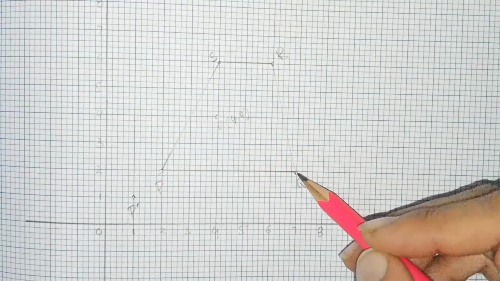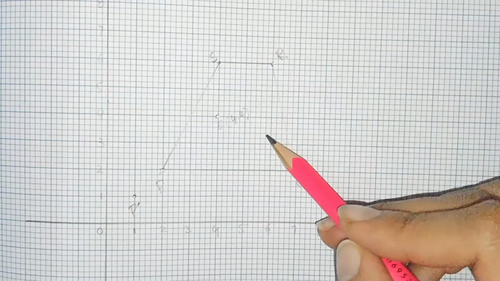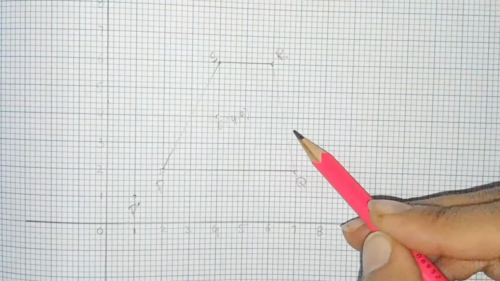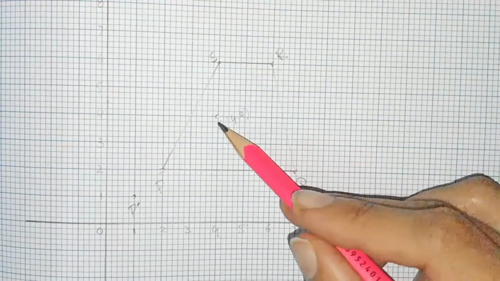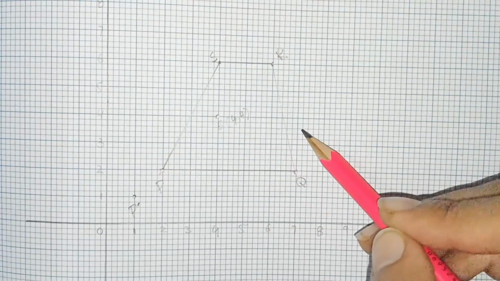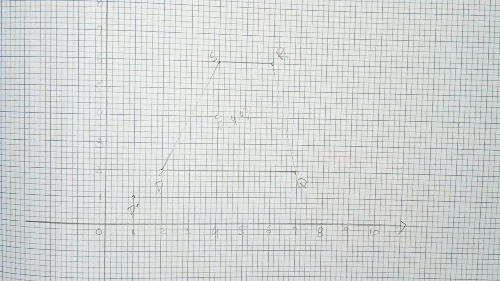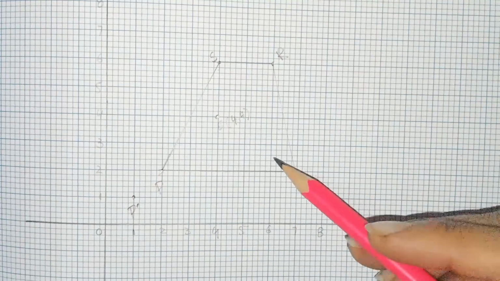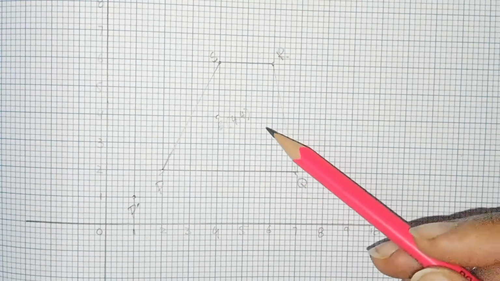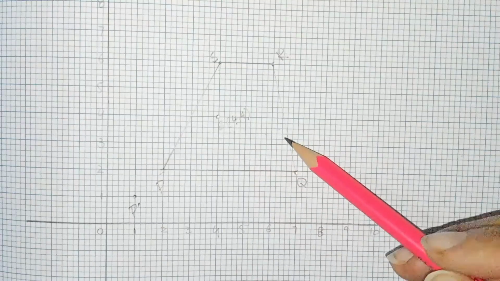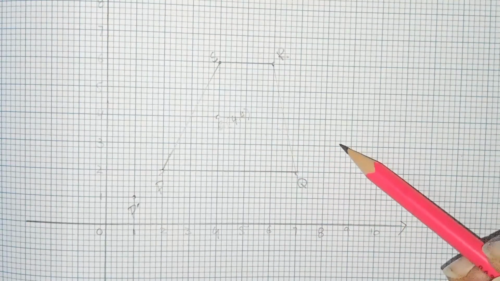Now we have to plot the point Q. It is 3 blocks away from the center of enlargement along the x-axis. We multiply 3 by 1.5, and we get 4.5. It means we have to move 1, 2, 3, 4, and 5.